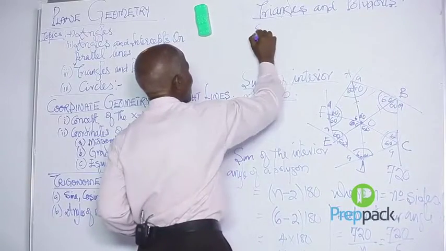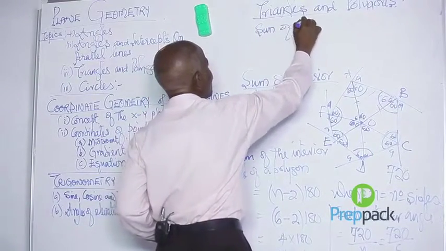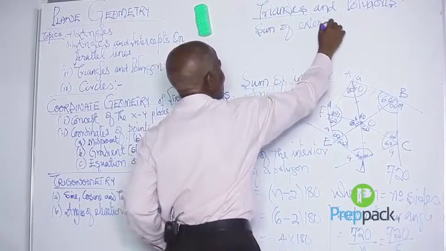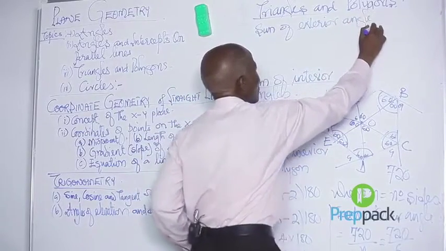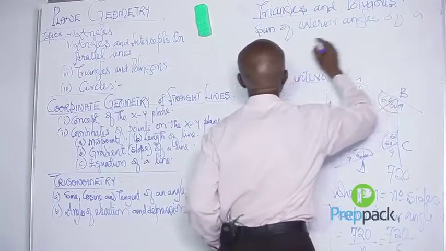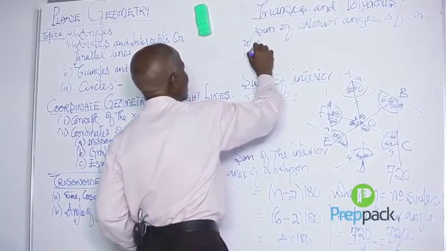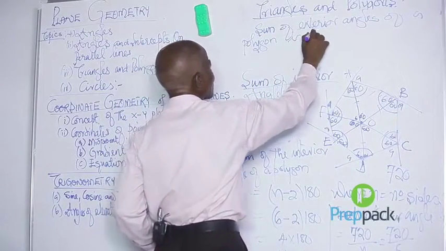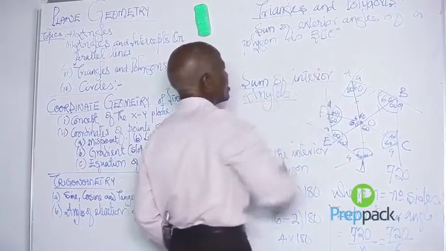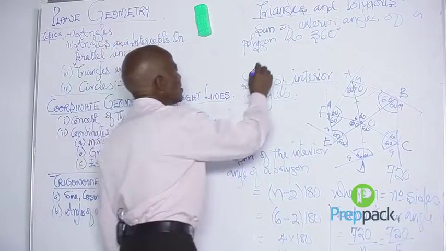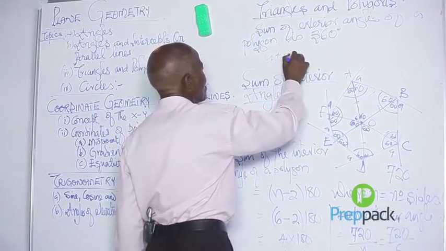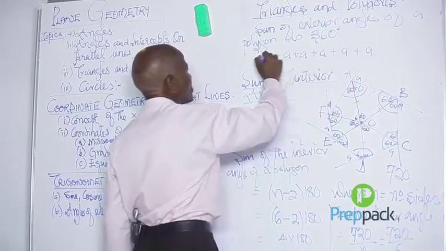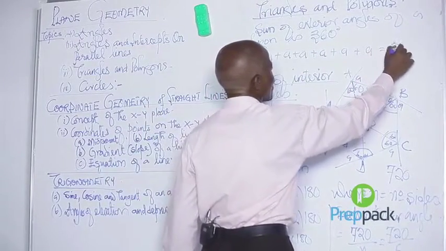Sum of exterior angles of a polygon is 360 degrees, meaning that A plus A plus A plus A plus A plus A, 1, 2, 3, 4, 5, 6, will give me 360.